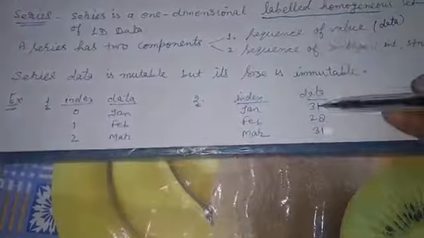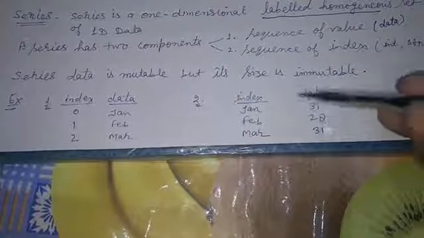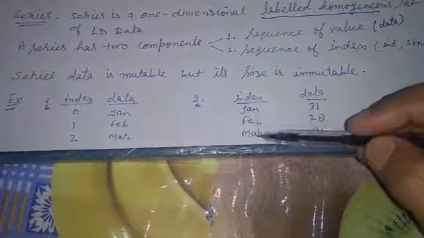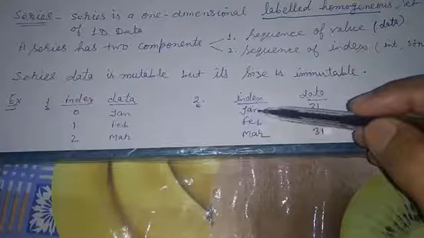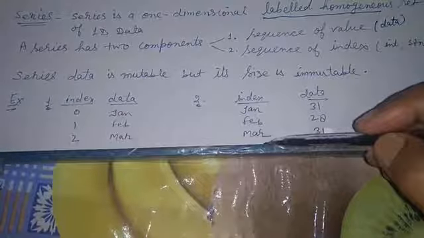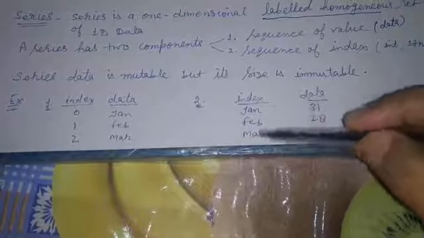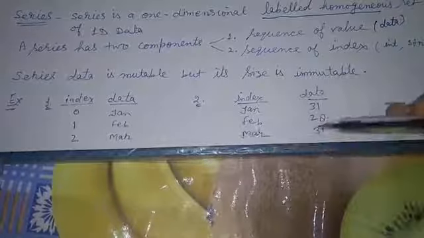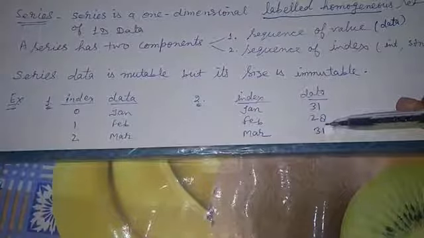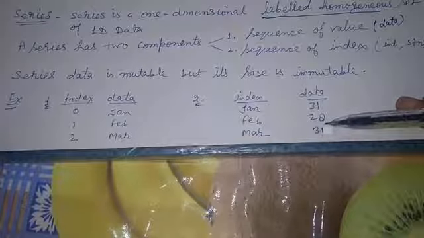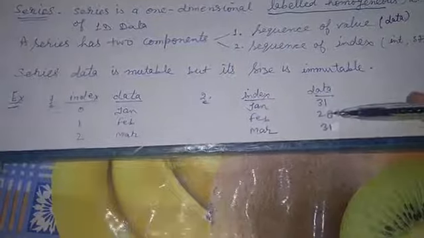Secondly, data is provided and index is also provided. You can see that the index this time is a text value. So this is how series is different from list and NumPy. I think you understand the difference between list and series.